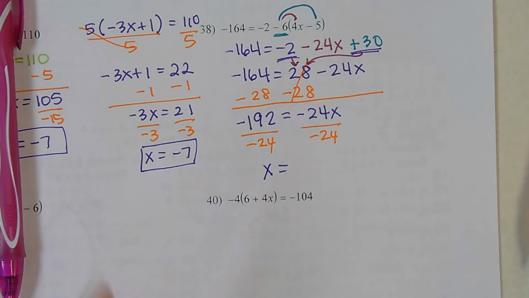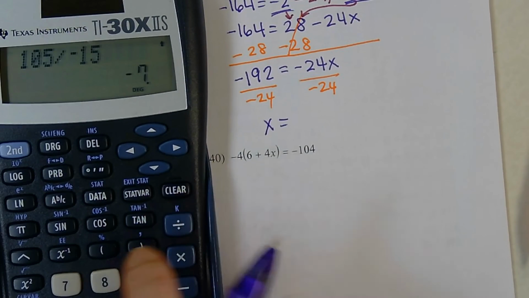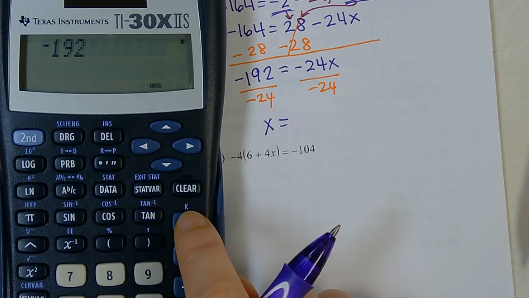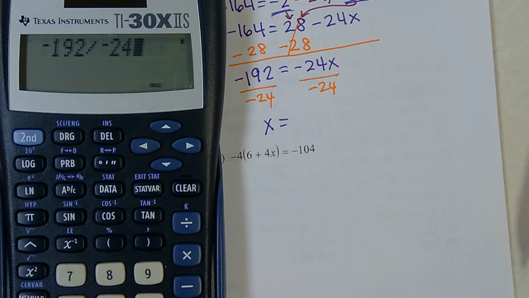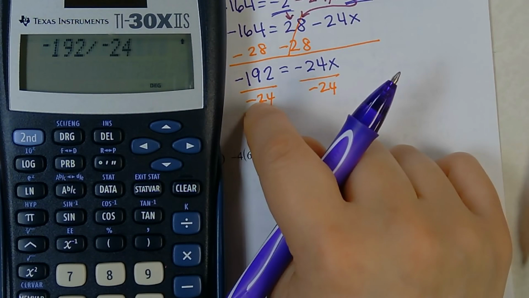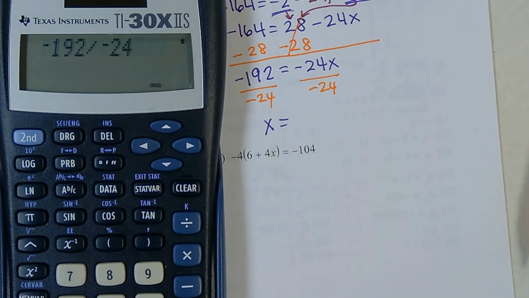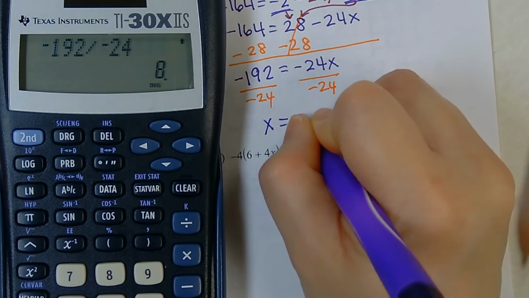I'm just going to switch it like I've done before. So again, we're going to go with 192 divided by negative 24. I know I should get a positive answer because negative divided by negative, just like negative times a negative, is going to be positive. Equals 8. There we go.